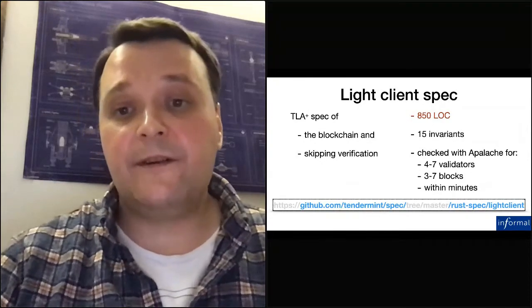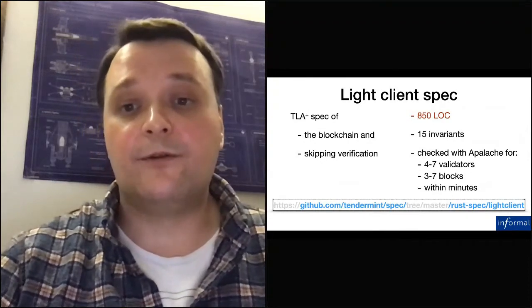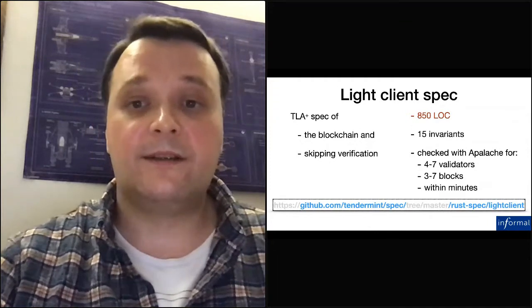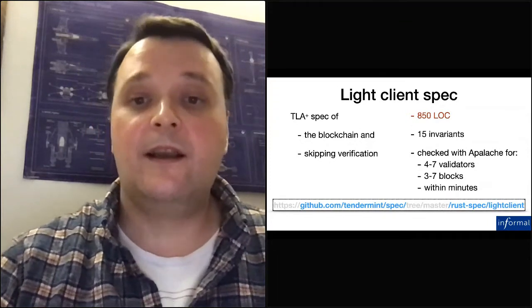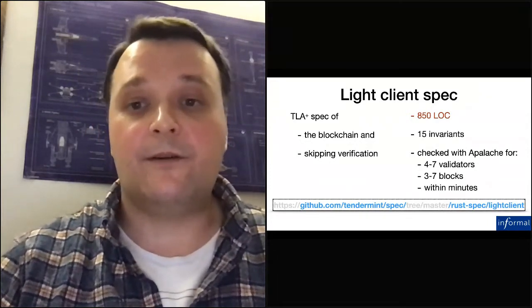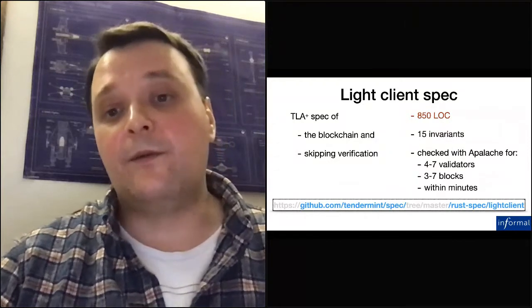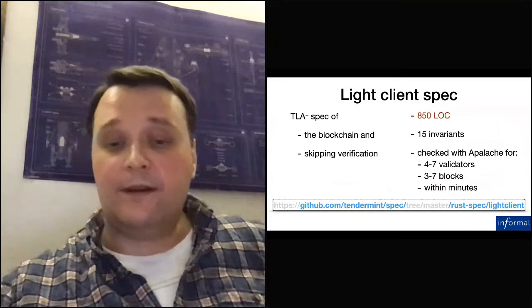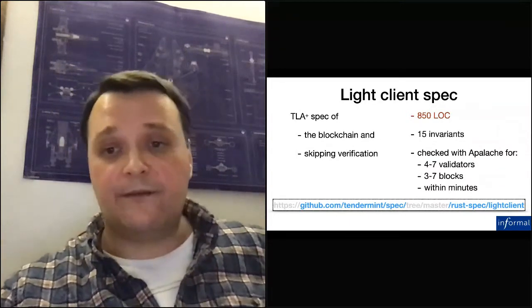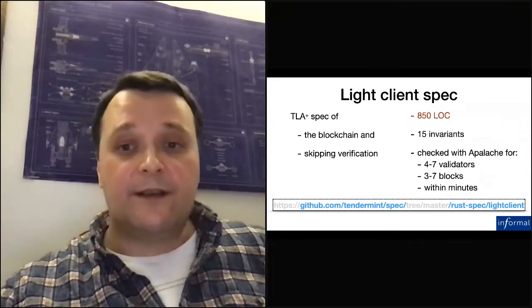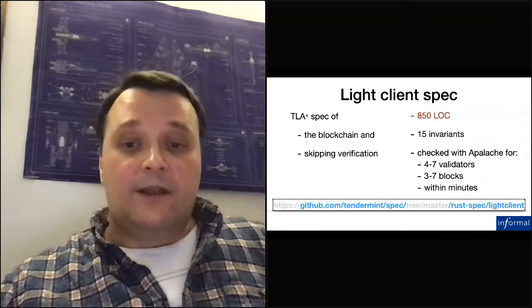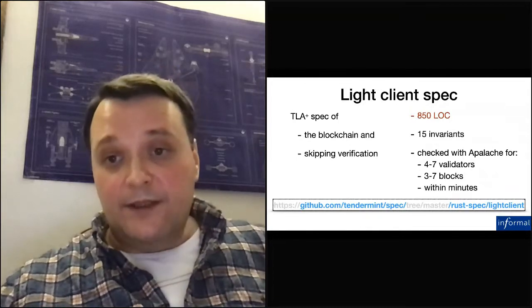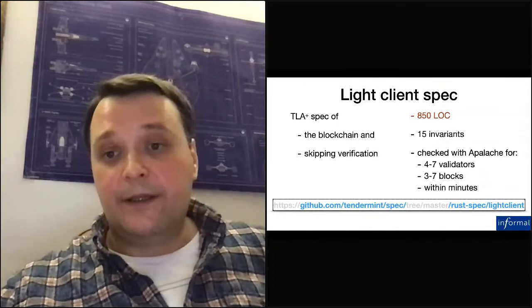It has 15 invariants. Some of them hold true, some of them don't, but that helps us understand what kind of assumptions actually work and what do not work. What's important, we checked the specification with Apalache for small parameters like 4 to 7 validators, 3 to 7 blocks. Apalache was able to do that within minutes, so we got very quick feedback.